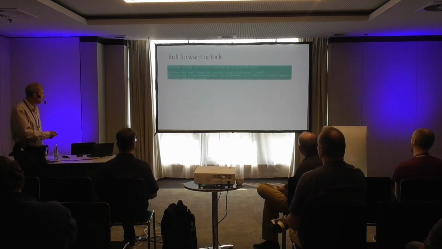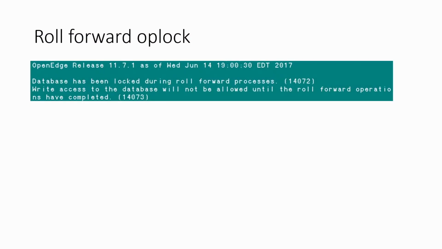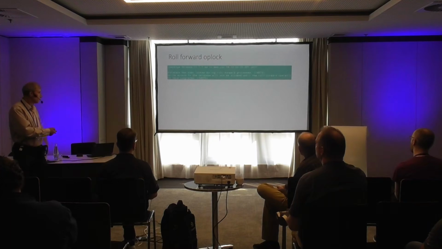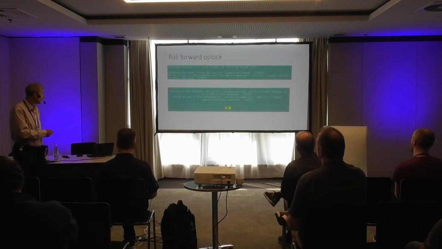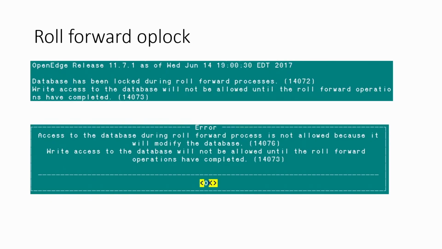What will happen if you try to use your database with oplock is that you couldn't do it, because access to the database is not allowed. If you try a pro session, just pro, it will also give you this error.